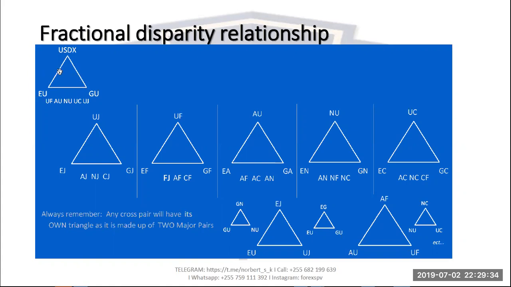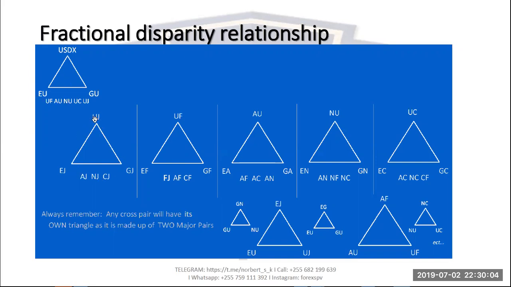So the pairs in this triangle have a common ground that they all have USD. They all have the dollar, whether it's the base currency or the quote currency. I hope you know about the base and the quote currency. This one has the USD as their common base.